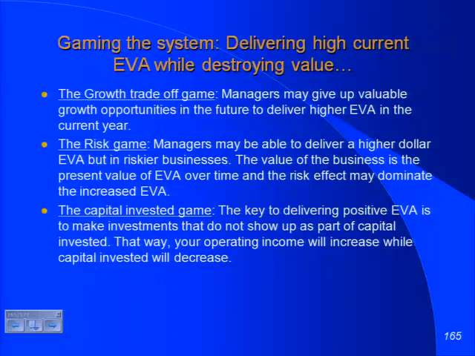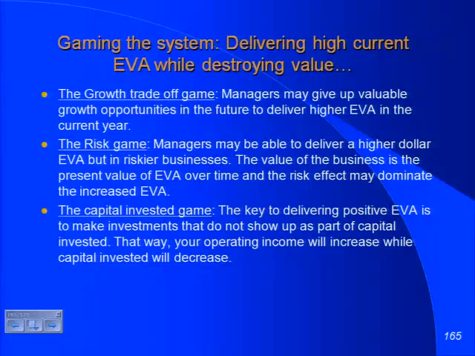And the third is the capital invested game. What's EVA? Return on capital minus cost of capital, divided by capital, multiplied by capital invested, right? If I can make my book capital lower, I will make my return on capital higher. So how do you do that? It depends on what you count in book capital. If you forget to count leases as part of book capital, you know what I'm going to do? I'm going to lease everything.